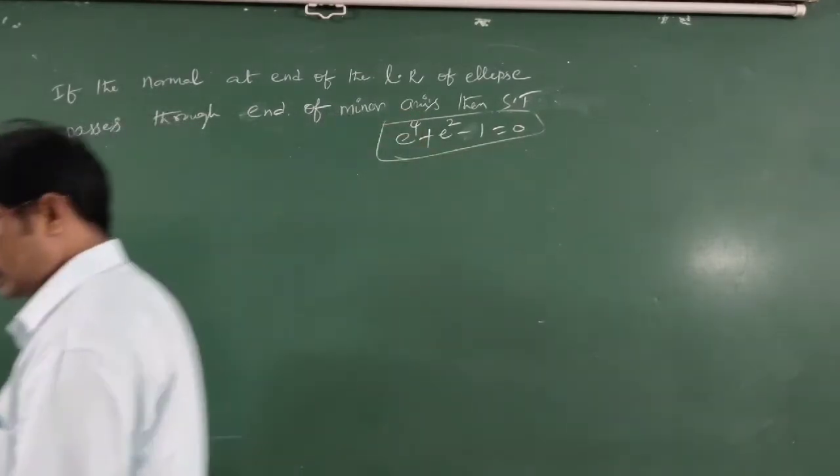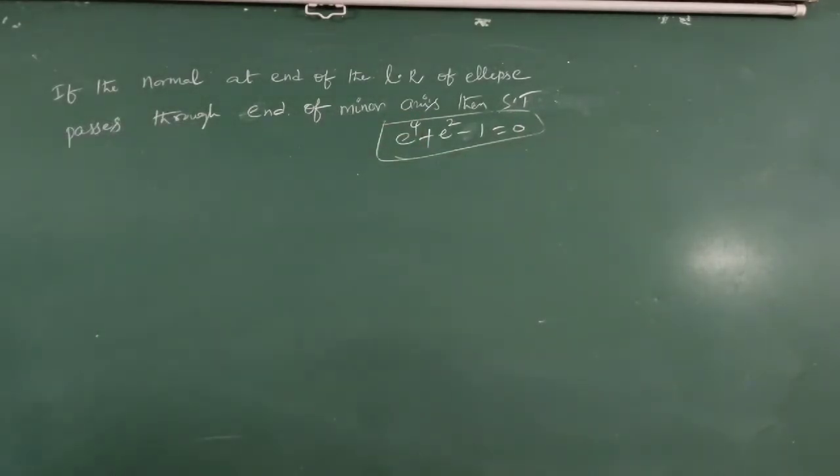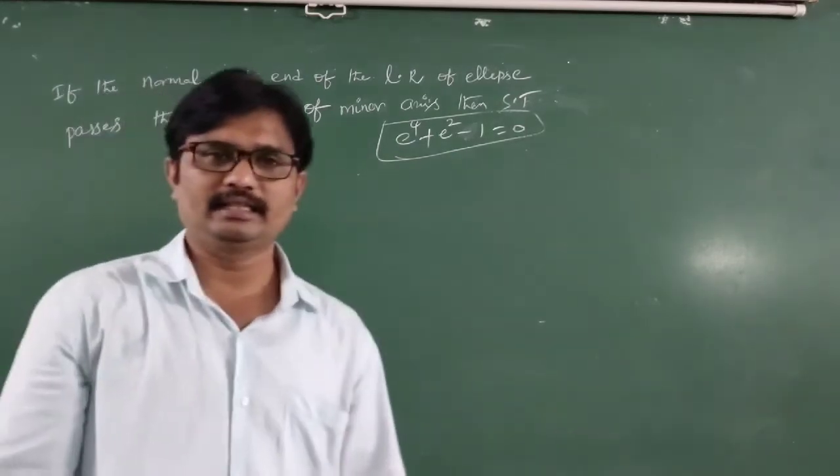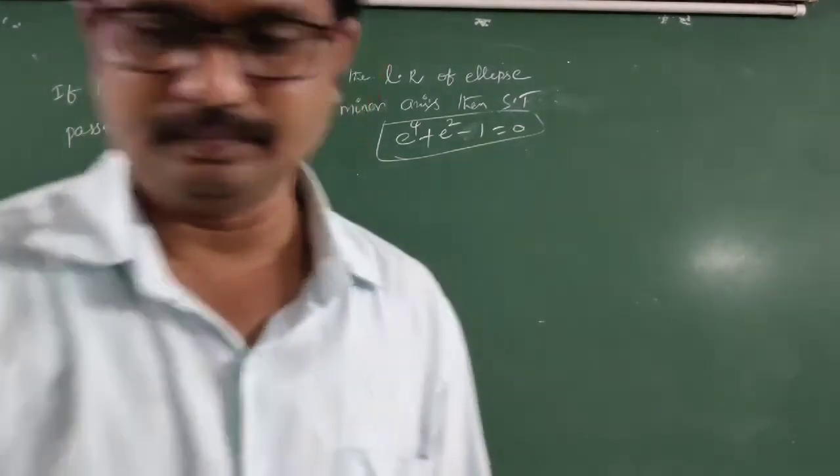Sorry students, e power 4 plus e square minus 1 equal to 0. So my dear students, the normal at the end of the latus rectum.